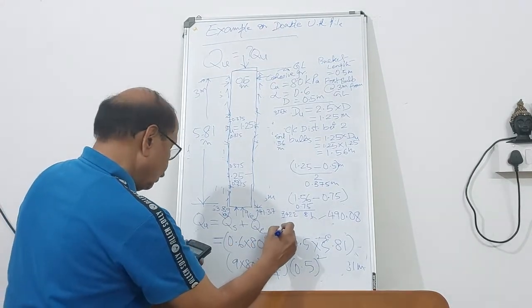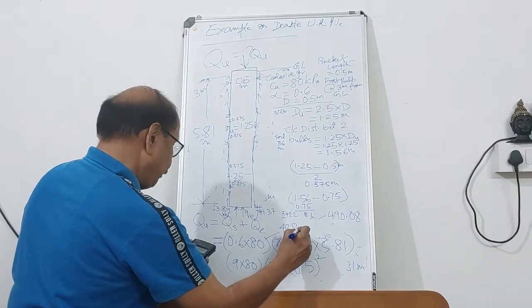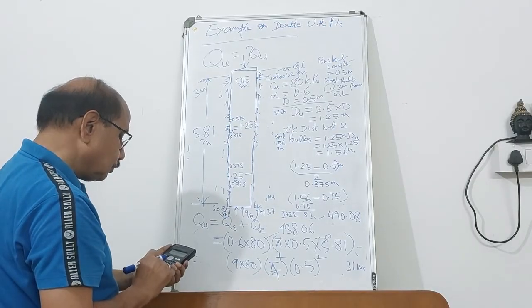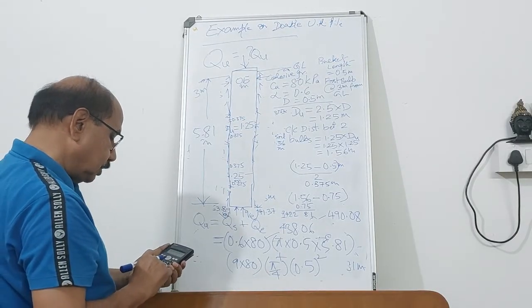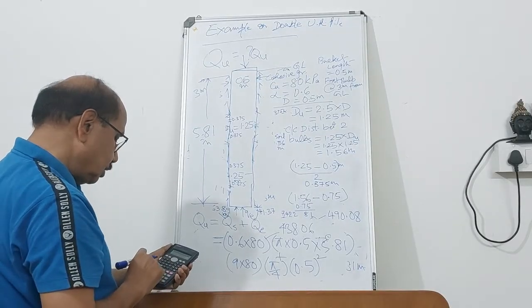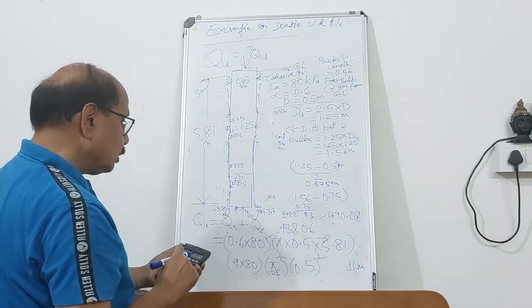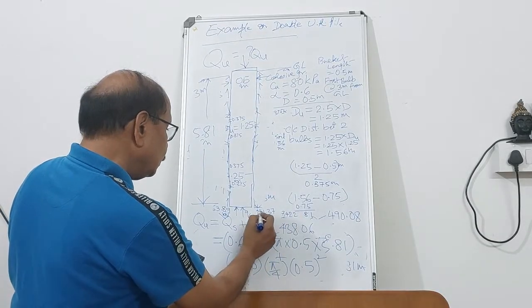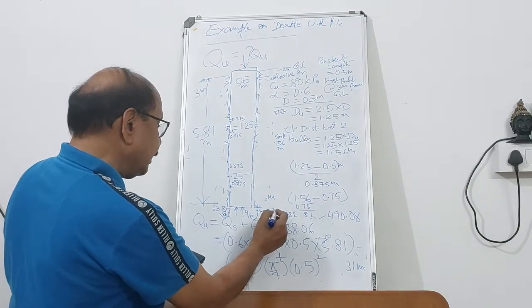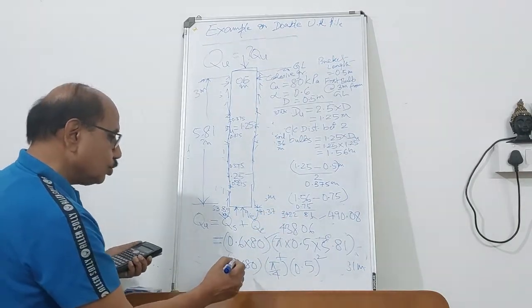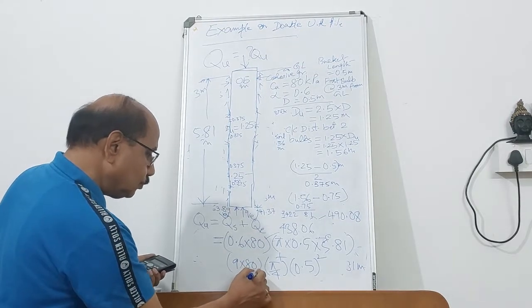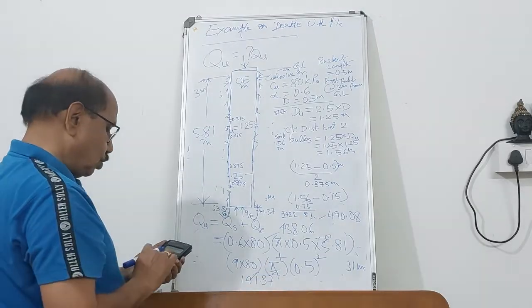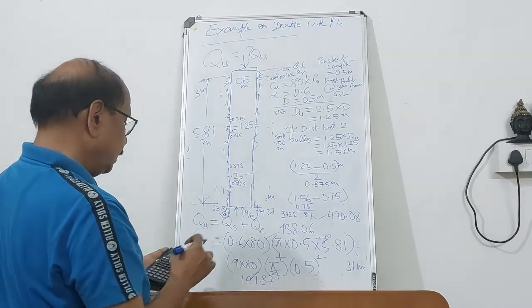This is 438.06 kilonewton, and the second term will become 141.37.